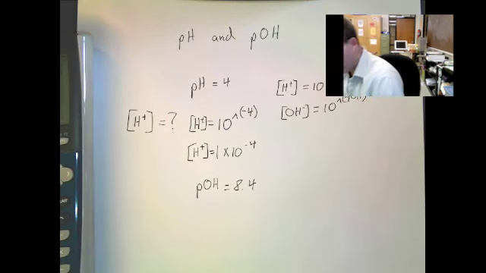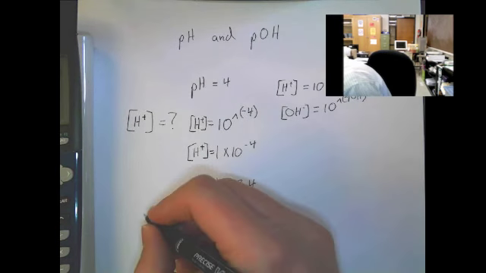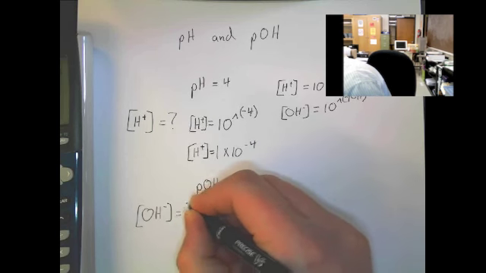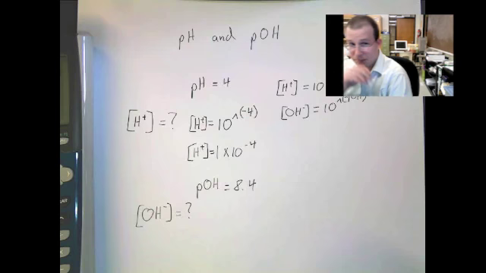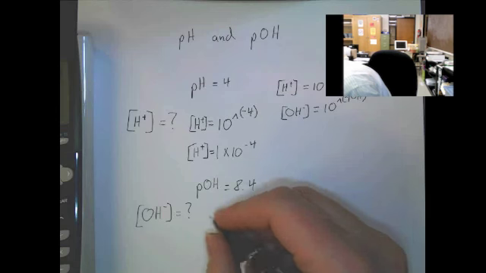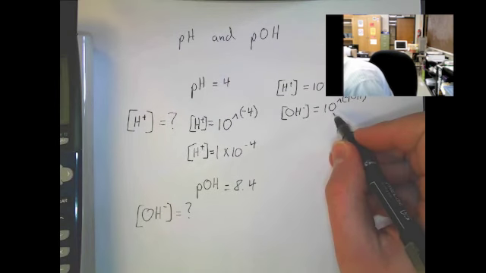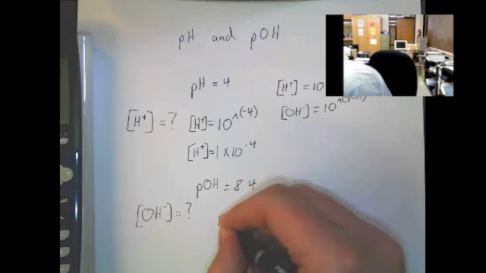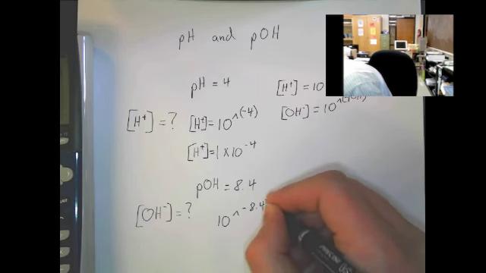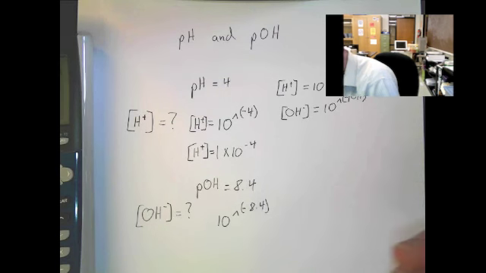And we want to figure out what is the hydroxide concentration in that solution. So we're going to do that. The way we'll begin, we use this formula just like we did the other one. It's going to be 10 raised to the negative pOH. So it'll be negative 8.4. All this is the anti-log, that's all we're doing.